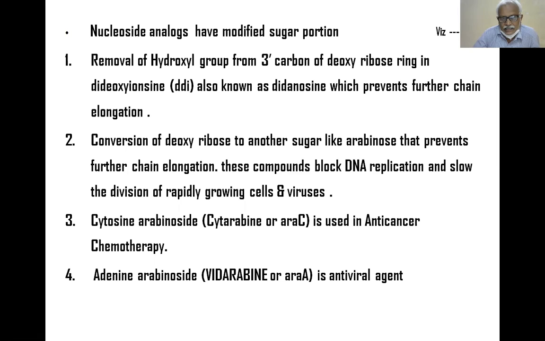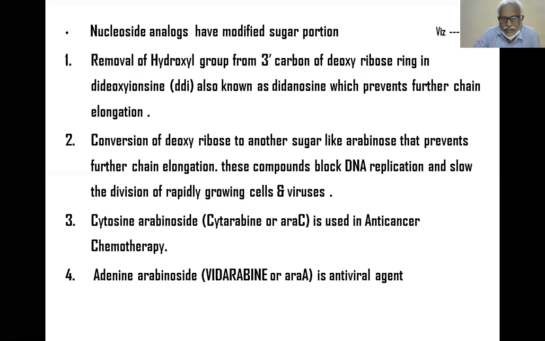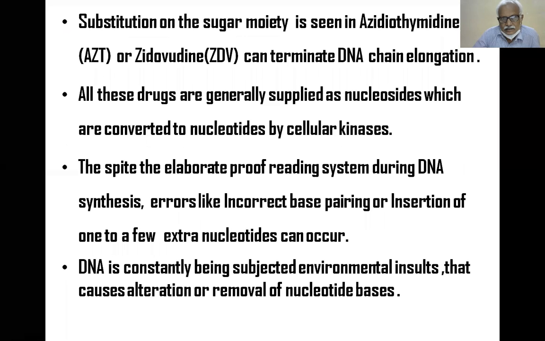Cytosine arabinoside, cytarabine or ARA-C, is used as an anti-cancer drug while we are giving chemotherapy. Adenine arabinoside, vidarabine or ARA-A, is an antiviral agent. So substitution of the sugar moiety is seen in azidothymidine, AZT or zidovudine.